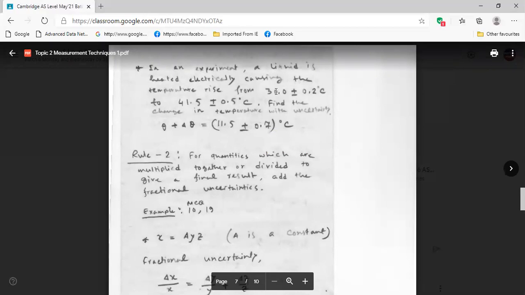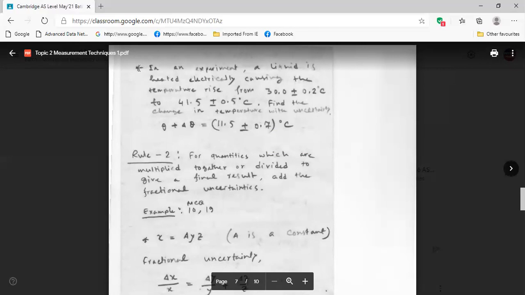Yes, sir. Okay, so please read it, Sufyan. This one, star one. In an experiment, a liquid is heated electrically, causing the temperature to rise from 30 plus minus 0.2 degrees Celsius to 41.5 plus minus 0.5 degrees Celsius.